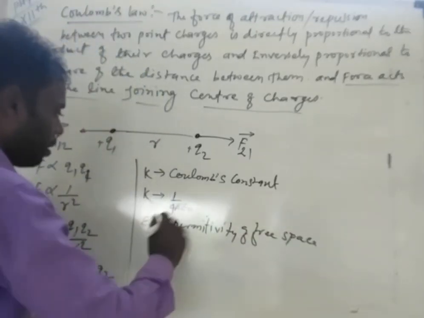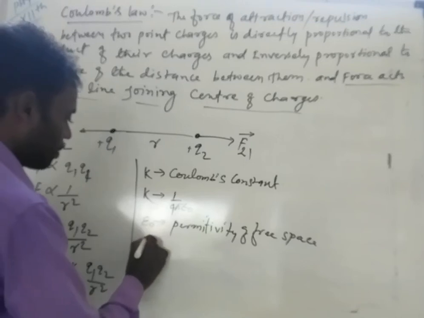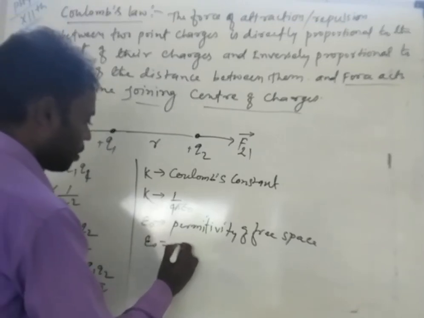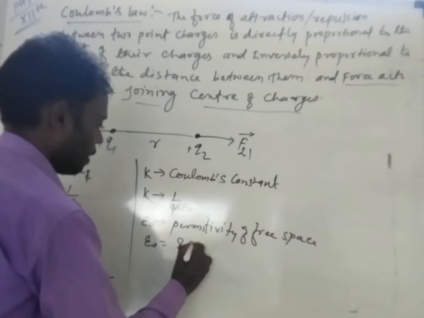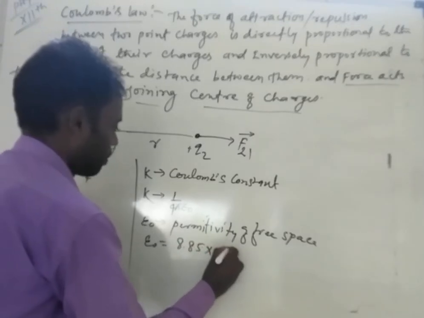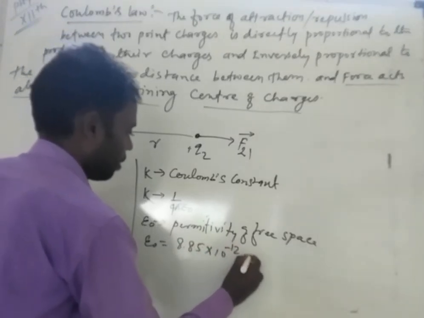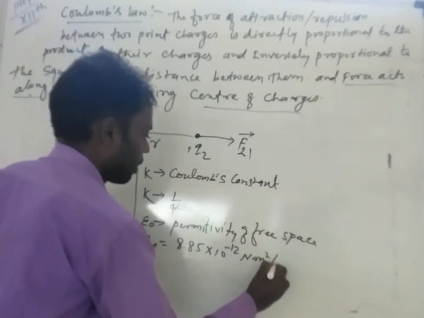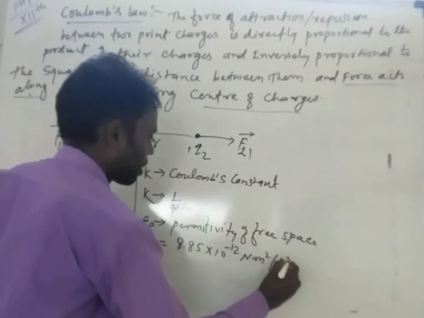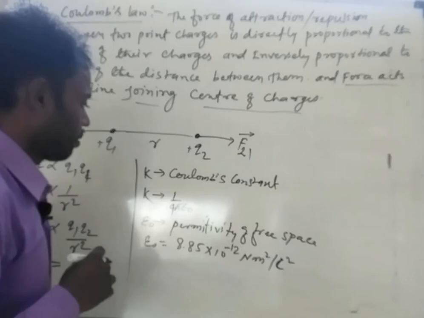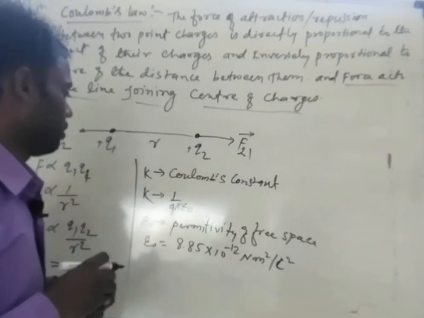Its value, epsilon naught, is 8.85 into 10 to the power minus 12 Newton meter square per Coulomb square. This is a fixed value.